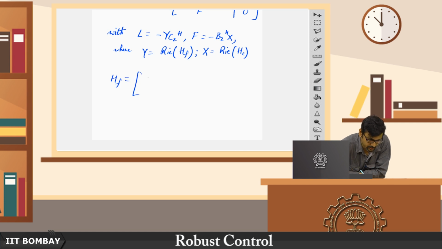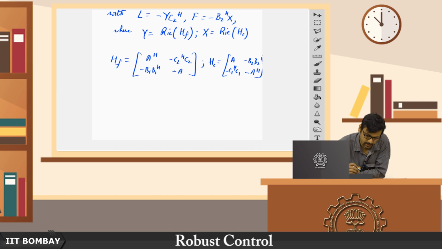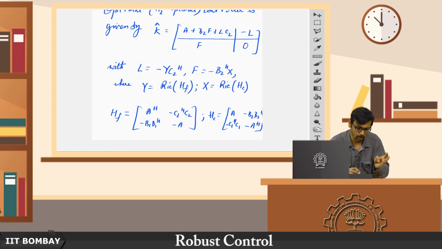HF is equal to A Hermitian, minus C2 Hermitian C2, minus B1 B1 Hermitian, and this is minus A. HC is equal to A, minus B2 B2 Hermitian, and then this is minus C1 Hermitian C1, and this is going to be minus A Hermitian. Okay. So this apparently gives us the solution to the problem.